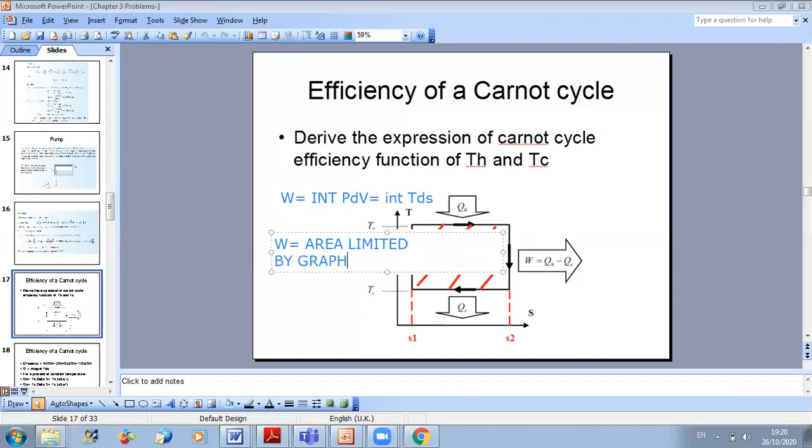And how can I calculate it here in a simple way? You should multiply the height times the width.